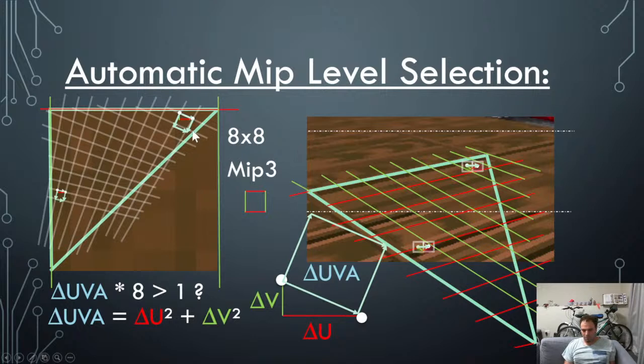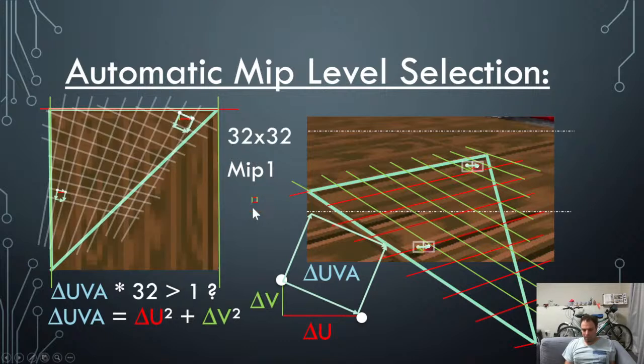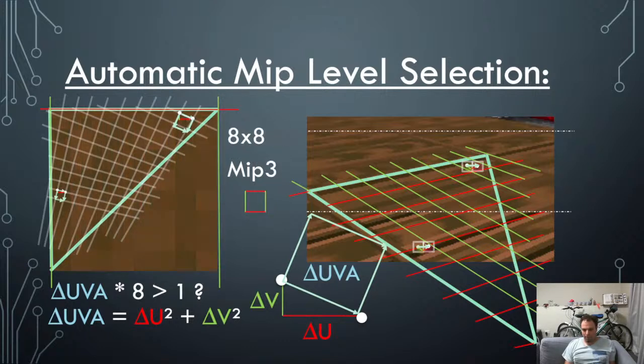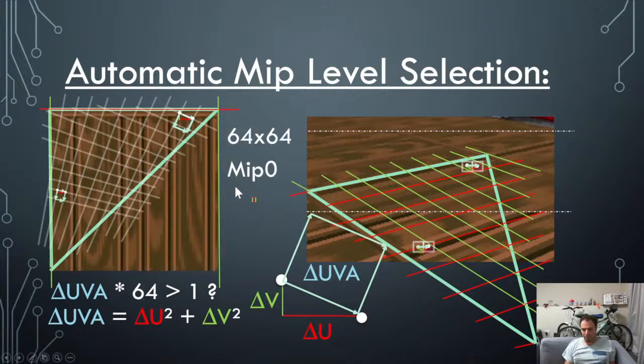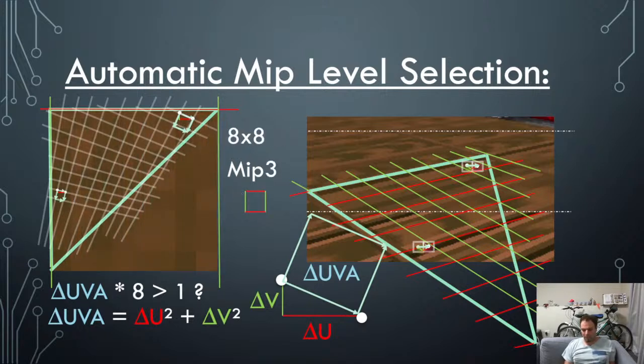If we have a way to compare those in code when you write the texture sampling, that's the mental model you should have to approach the problem. We can start from here and go down until this starts to be less than a pixel, because here it's more than a pixel, and here it starts to be less than a pixel. Then we stop. Okay, MIP level 3, that's good enough.